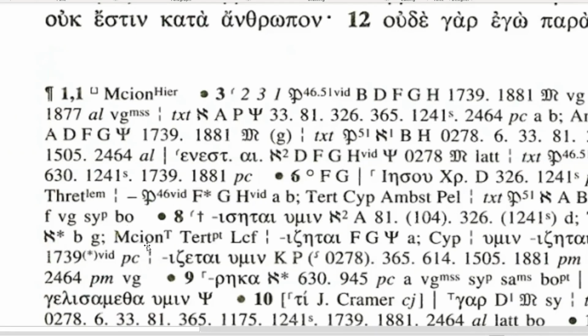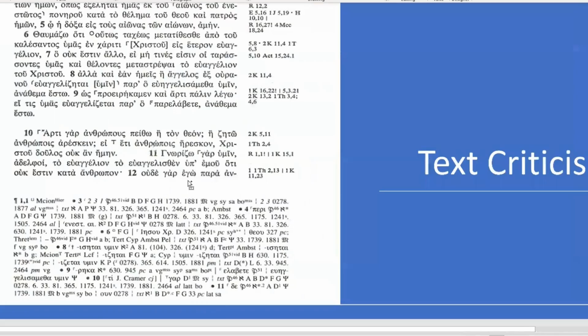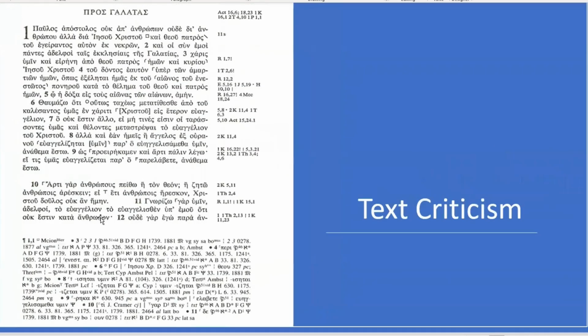References here to church fathers like Marcion, Tertullian, Lucifer, Cyprian, Ambrosiaster here. Okay, so that's just a little taste of what you find in the apparatus. As I said, I know it probably just looks like a bunch of gobbledygook right now, but hopefully by the end of these lectures, you'll be able to make better sense of all this information.